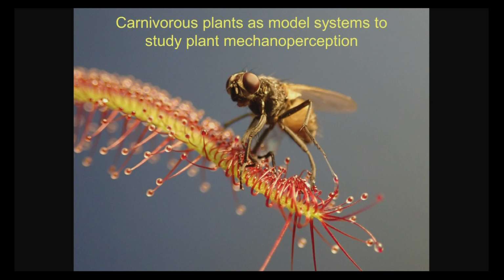So this is the leaf of the plant. And then coming off the leaf, you can see these little hairs, which we commonly call tentacles. And these tentacles secrete at the tip of their hair this little drop of a bioadhesive glue. And so an insect comes and lands on the leaf, and then it gets stuck to this little drop of glue.